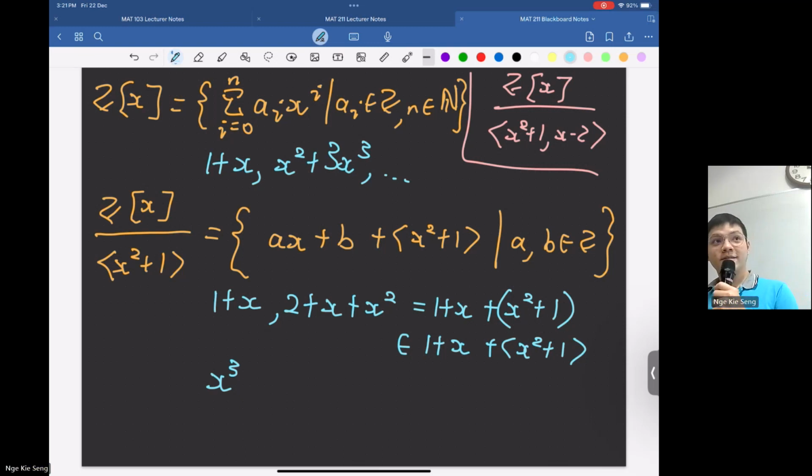Minus 1. Which coset does it live in, in the form of ax plus b? How do we work it out?